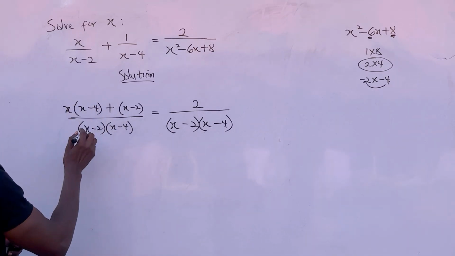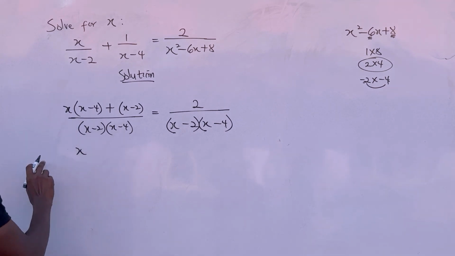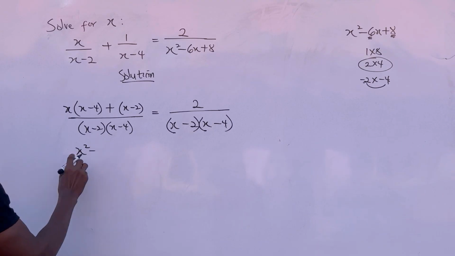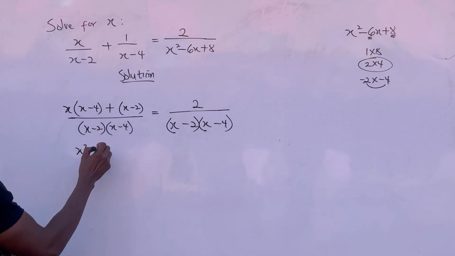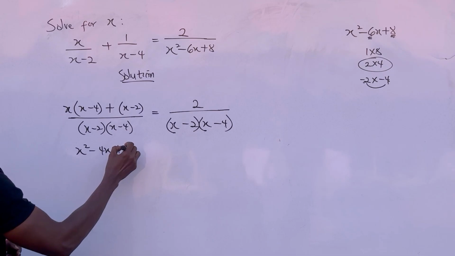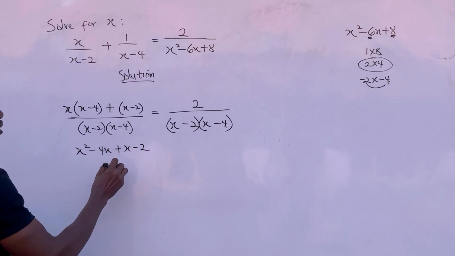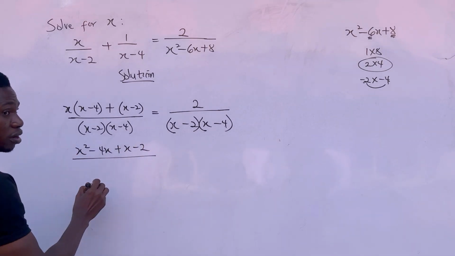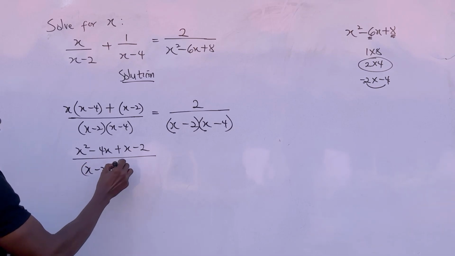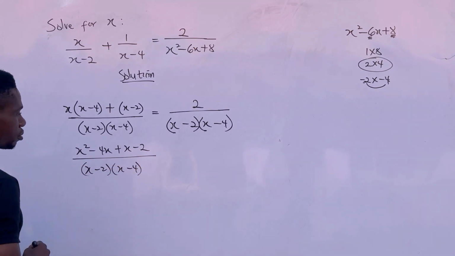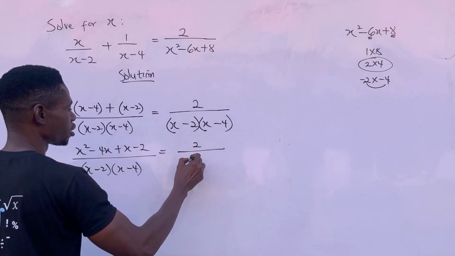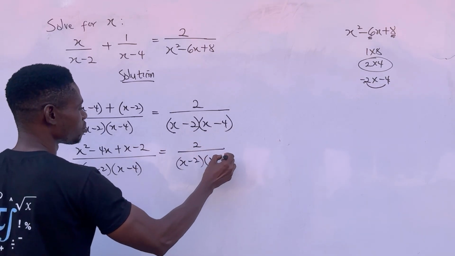So from here we'll have x multiplied by x, that's x squared, minus x multiplied by 4, that's 4x, plus we have x minus 2 all over. Now we'll have x minus 2 multiplied by x equal to 2 over x minus 2, x minus 4.